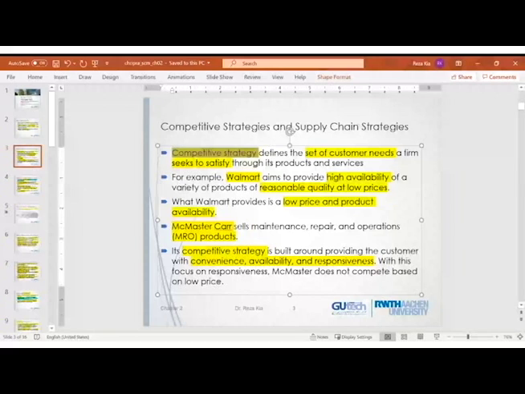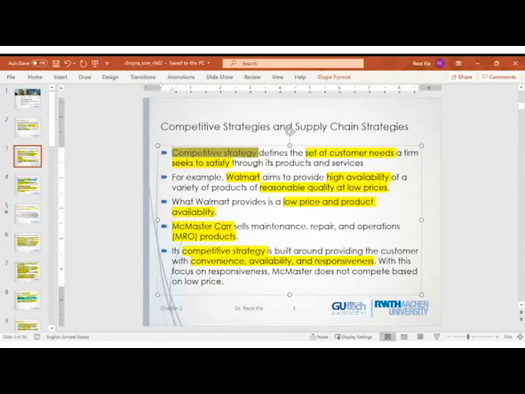That would be your strategy, that would be your competitive strategy. So it means how you will provide some competitive advantage in your supply chain. Otherwise, if you don't have a competitive advantage in your supply chain, your customer will go to satisfy his or her demand from another supply chain or supplier.